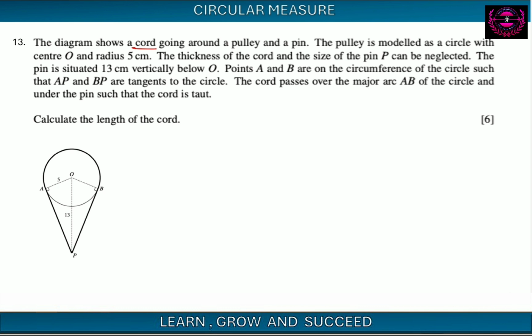So we have to find the length of AP plus the length of BP plus the length of major arc AB.